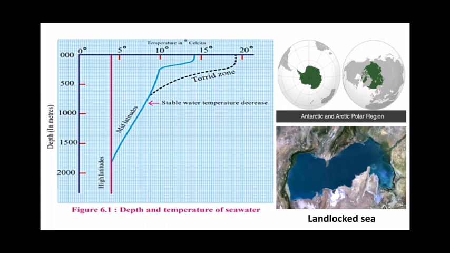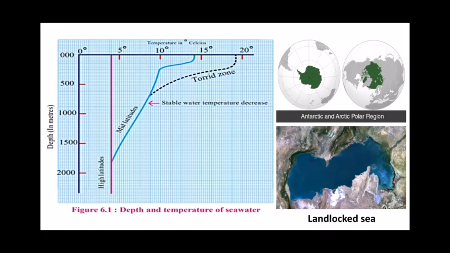If you look at this dotted line, it is the equatorial region, that is the torrid zone. Here the maximum temperature of the seawater in this area is 18 degrees Celsius. You can see the line that is just before 20.